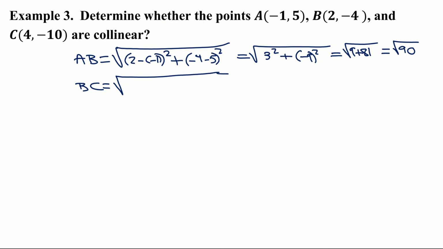So that's going to be quantity 4 minus 2 squared plus quantity -10 minus -4 squared, which ends up being the square root of 2 squared, plus -10 minus -4, because it becomes -10 plus 4, so that's -6.